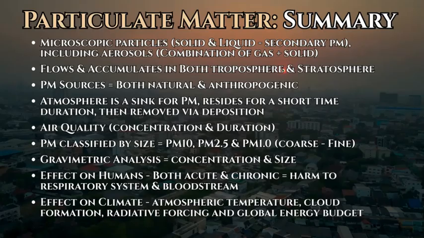And then finally, the effect on the climate system, the Earth's energy budget, the amount of reflected and absorbed energy in terms of radiative forcing, and the temperature of the atmosphere, and also cloud formation.